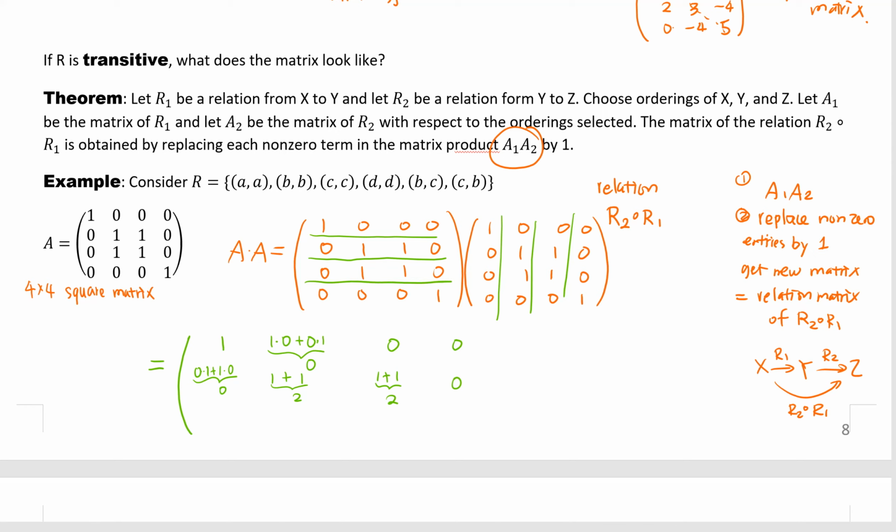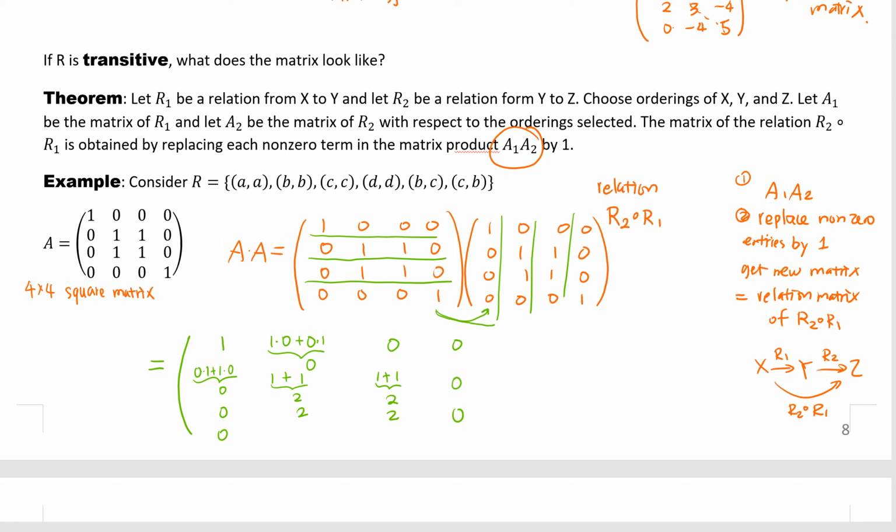One more. Do you see the second row and the third row are the same? So your results for the second row and the third row are going to be the same. That saves us some time. Last row: 0 times whatever is 0. The last entry is 1, but 1 times 0 is 0. Next, last row of A times the second column.